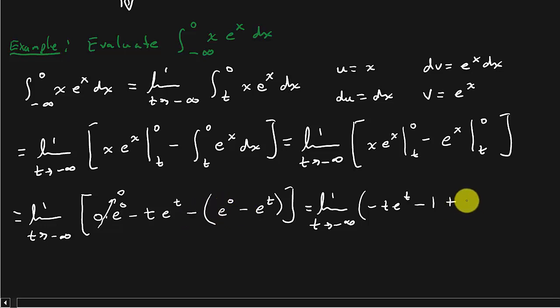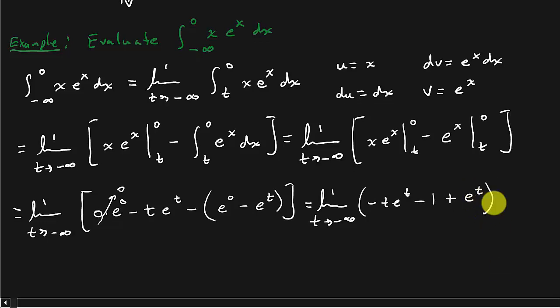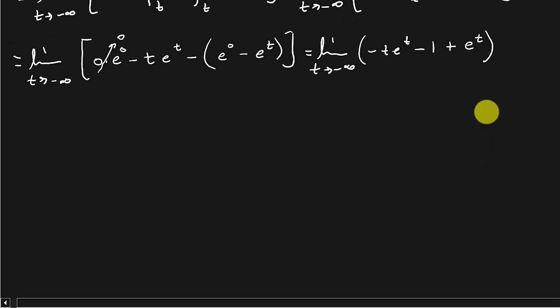And then plus e to the t. All right, so now what we have to do is take the limit of this thing. We've got to take the limit of this thing. So how in the world do we do that?